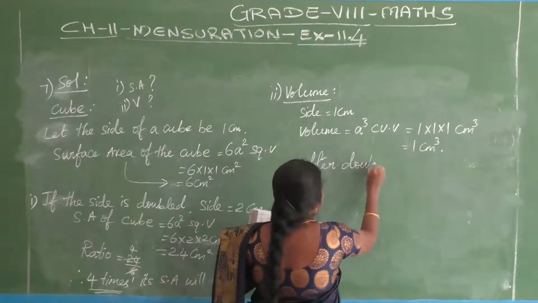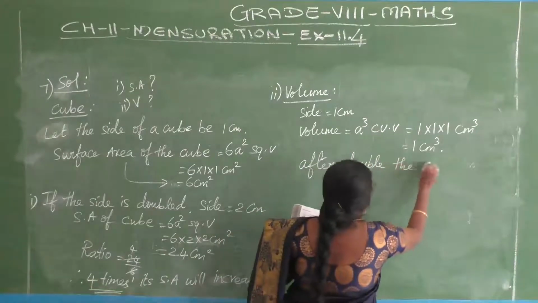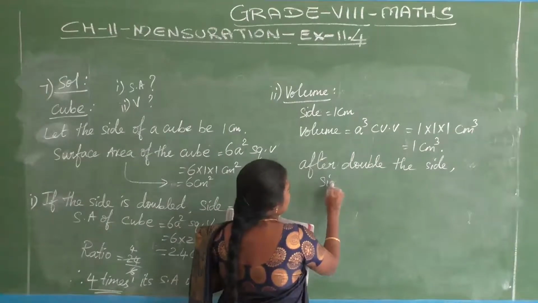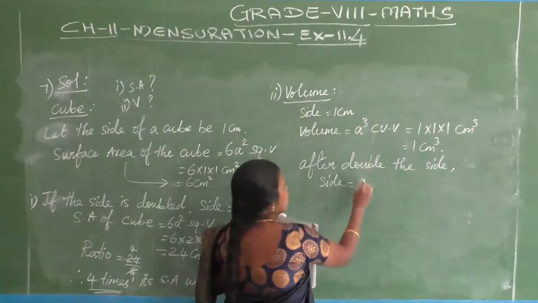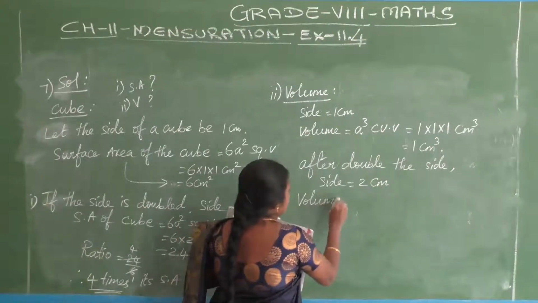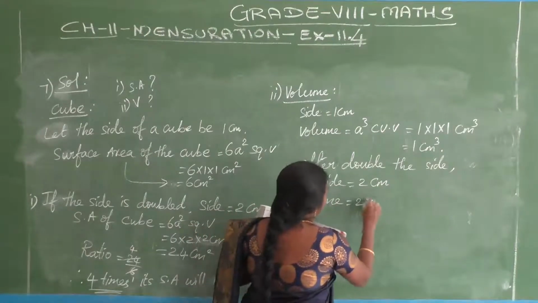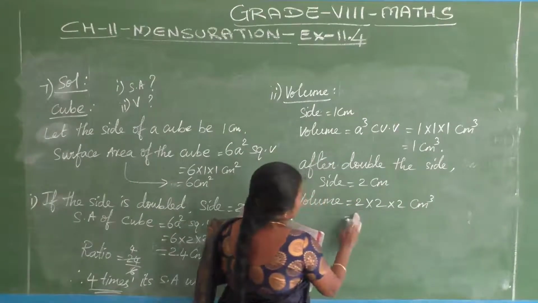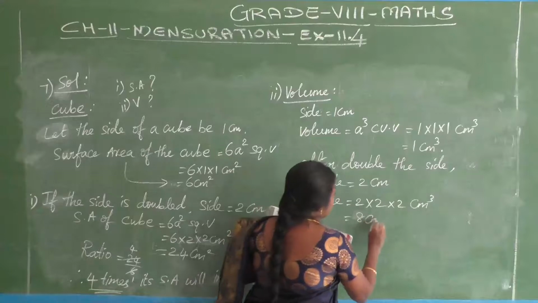After doubling the side, side doubled means double of 1 is 2 centimeter. At that time find its volume. Volume equals 2 into 2 into 2 cubic units, that means centimeter cube. 2 2s are 4, 4 2s are 8.